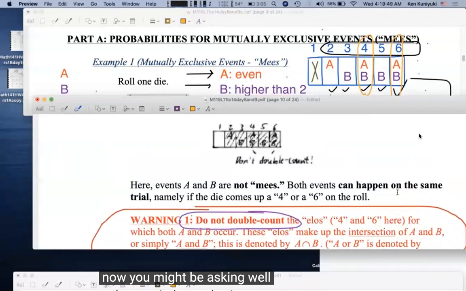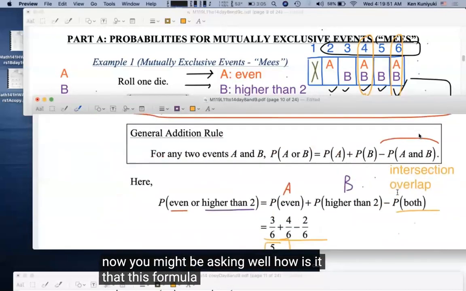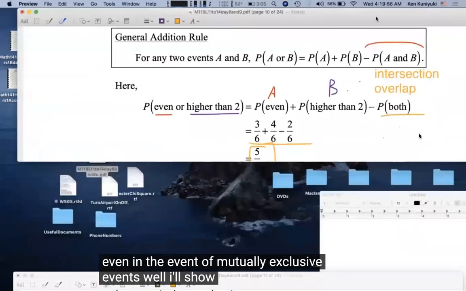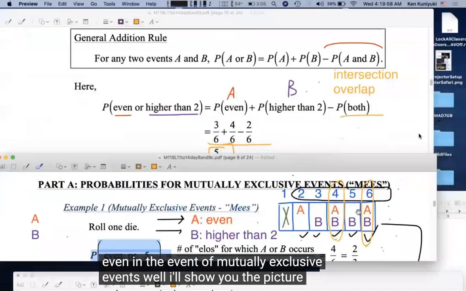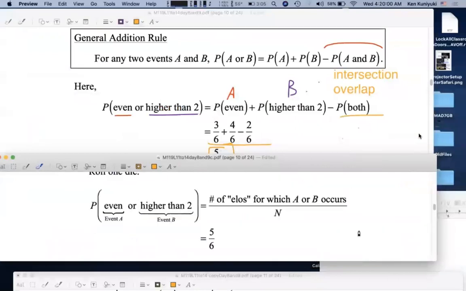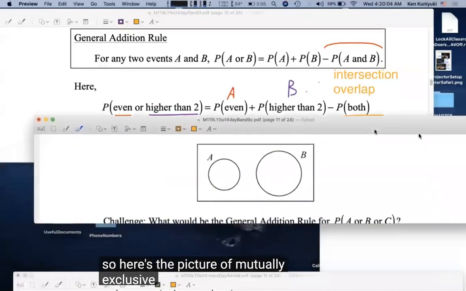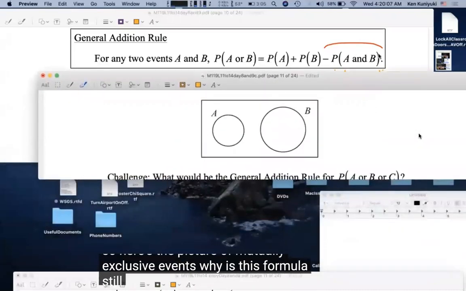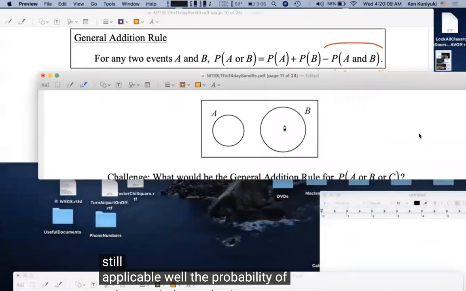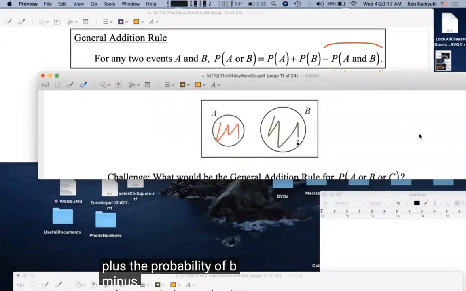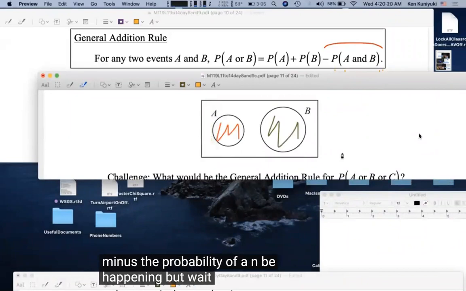Now you might be asking, well, how is it that this formula applies even in the event of mutually exclusive events? Well, I'll show you the picture. So here's the picture of mutually exclusive events. Why is this formula still applicable? Well, the probability of A or B equals the probability of A plus the probability of B minus the probability of A and B happening. But wait a minute.